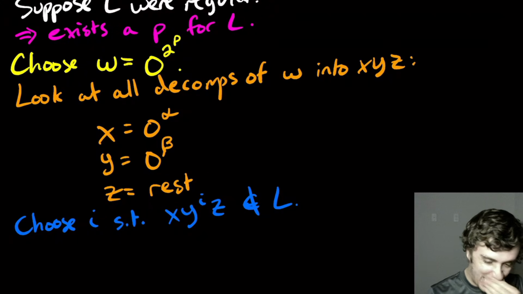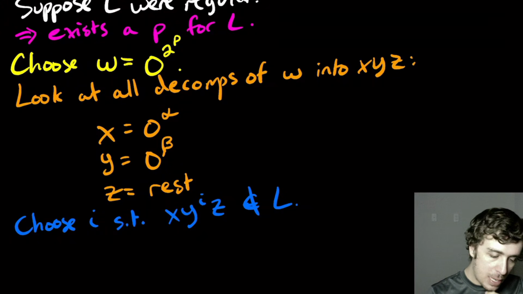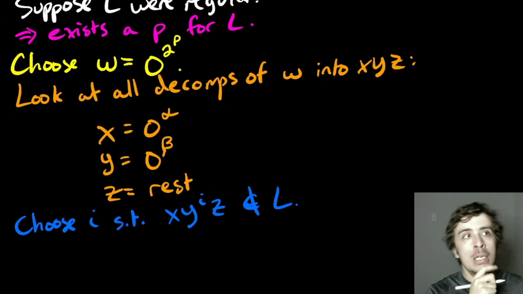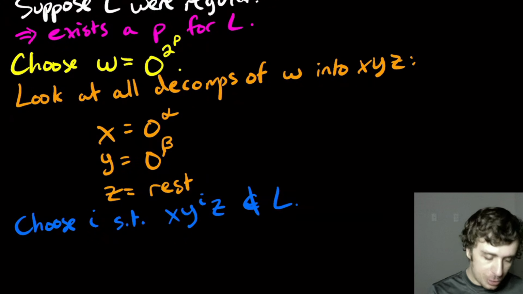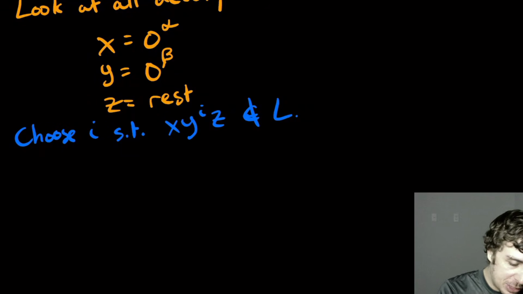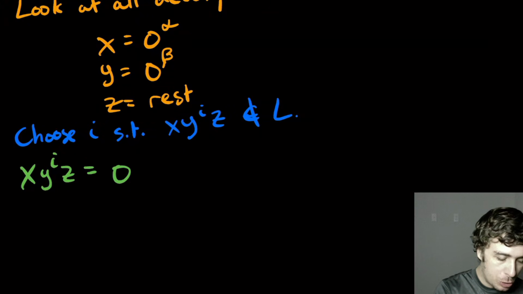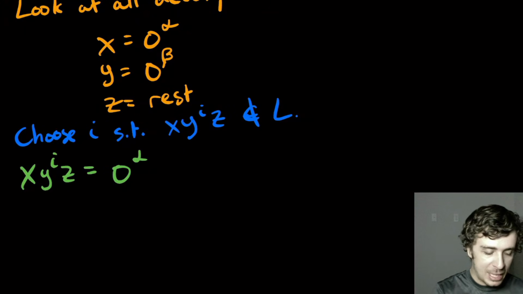So let's think. Here we're dealing with powers of 2. So let's actually look at this in general. What is X, Y to the I, Z? That is equal to, just copy down the X piece.